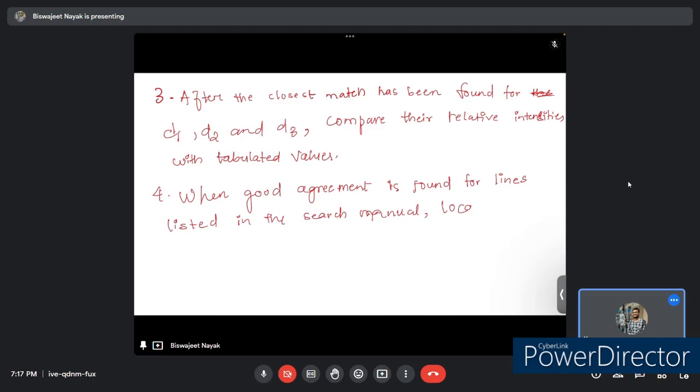Then when good agreement is found for the lines listed in the search manual, then we look at the proper PDF card.